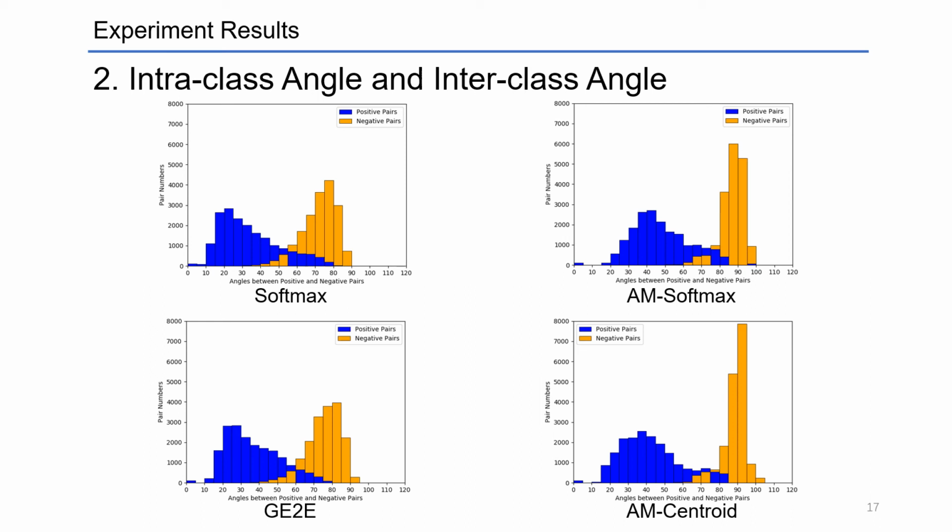The Softmax loss and the generalized end-to-end loss have small intra-class angles, but the inter-class angles of them are also small. The angular margin Softmax loss and our proposed loss function obtain a good trade-off between the intra-class and the inter-class angles.